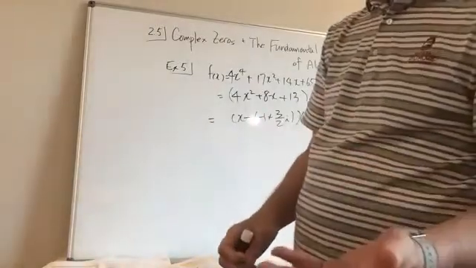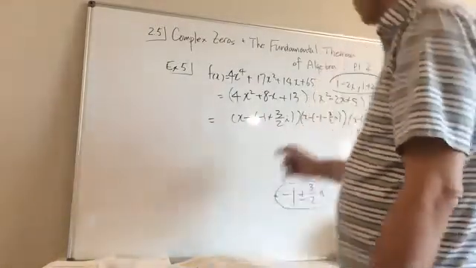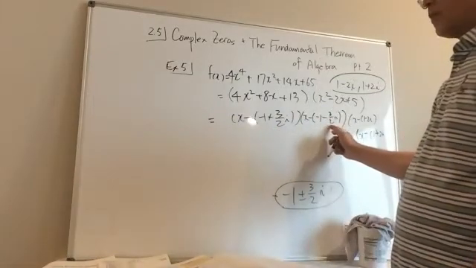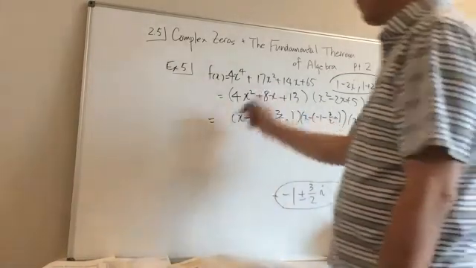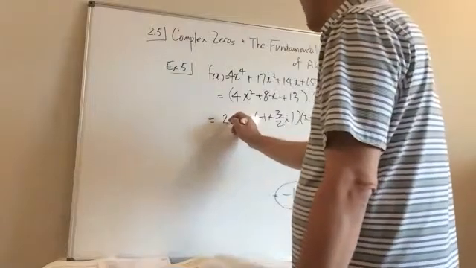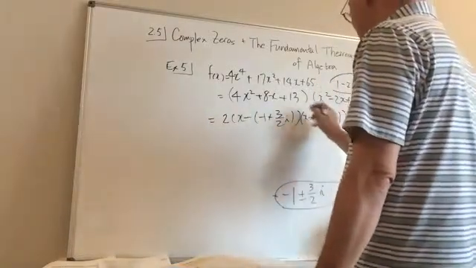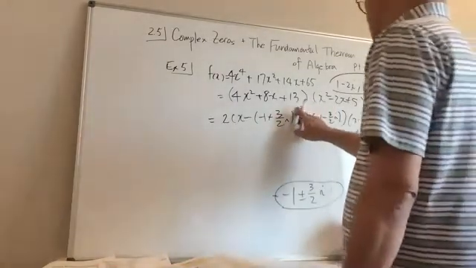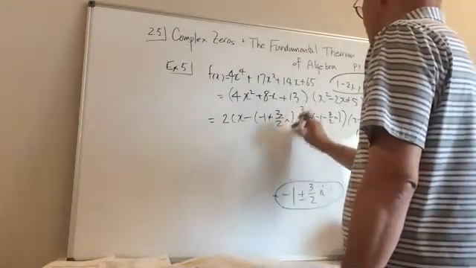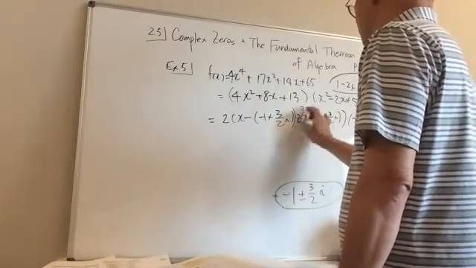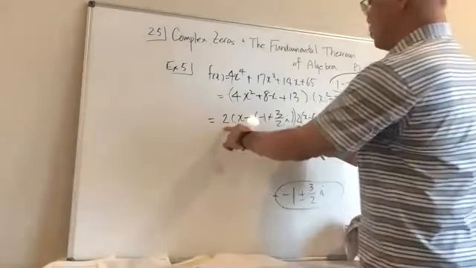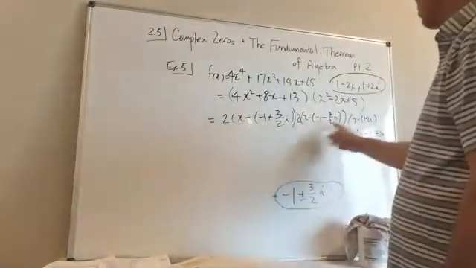So the clue to where I'm missing the 4 are here and here. If I divvy up the 4 and I go 2 and 2 here, then these guys will go away.